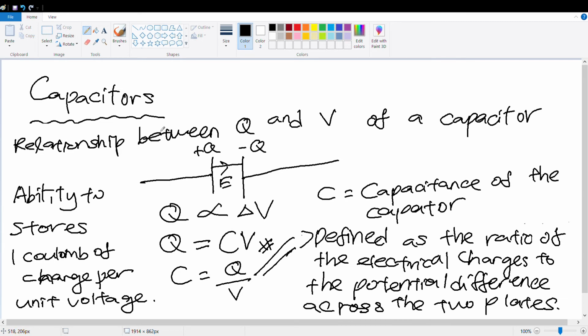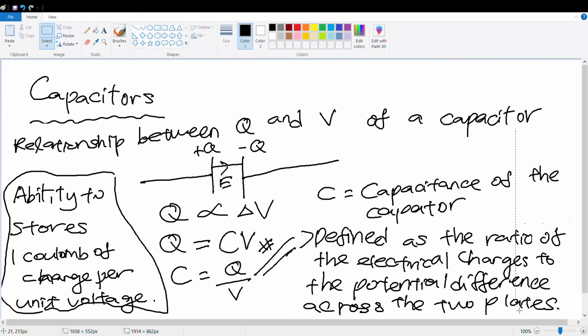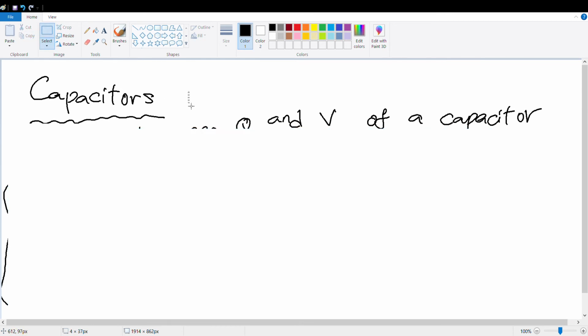So the ability to store one coulomb of charge per unit voltage is the elaboration for the capacitance. The true definition is the ratio of the electrical charges to the potential difference across the two plates. This is the definition for the capacitance. Okay, we have done for this part.